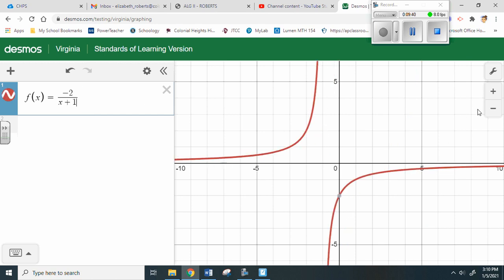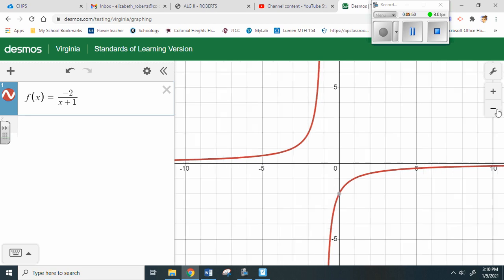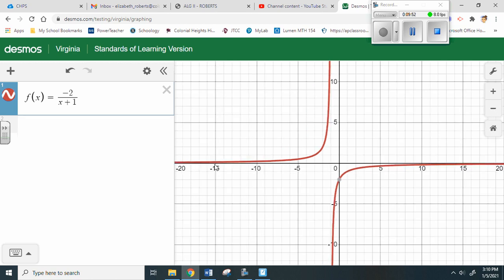Okay, so you can see that you actually have a y-intercept, right? But you don't see an x-intercept, and if you zoom out a little bit, you still aren't going to see a gray point because you don't actually touch the x-axis. That's because it's an asymptote.